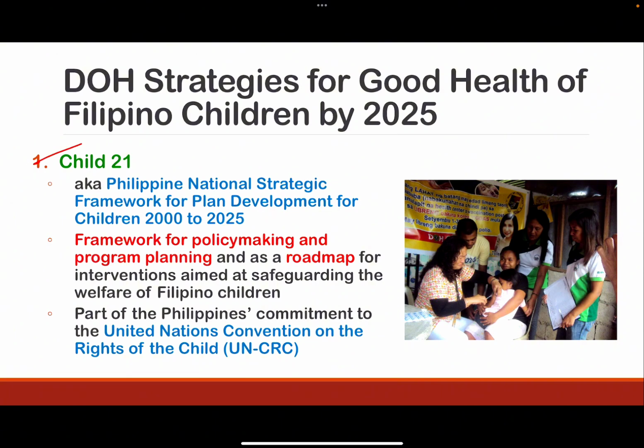The Philippines, in short, is a very cooperative country because of the United Nations Convention on the Rights of the Child, commonly abbreviated as UNCRC or CRC. It is a human rights treaty which sets out the civil, political, economic, social, health, and cultural rights of children. Nations that ratify this convention are bound by it under international law.